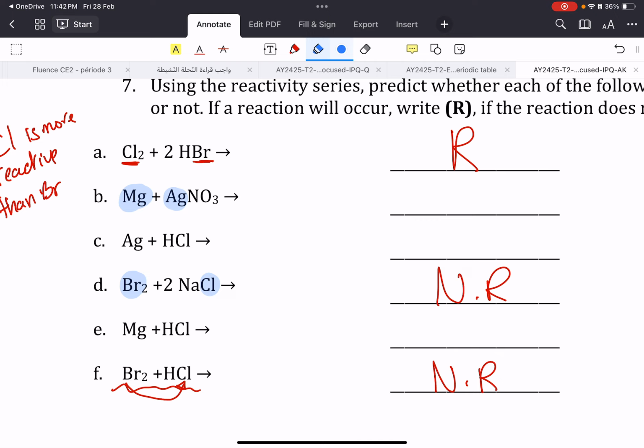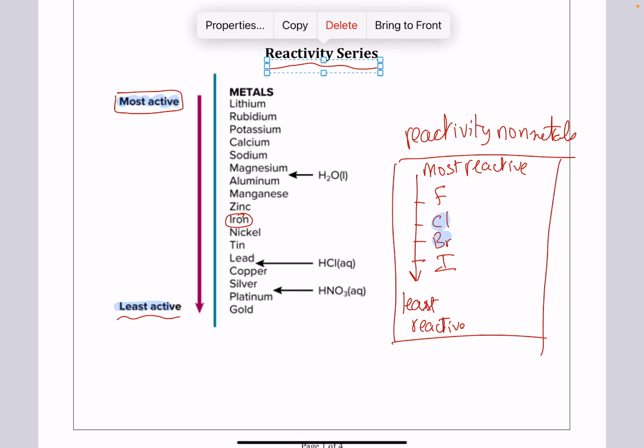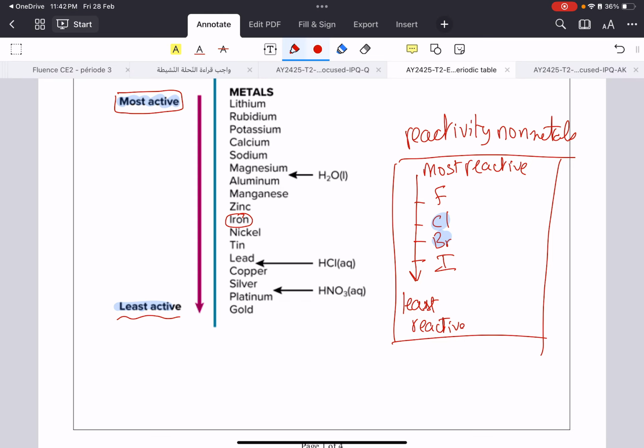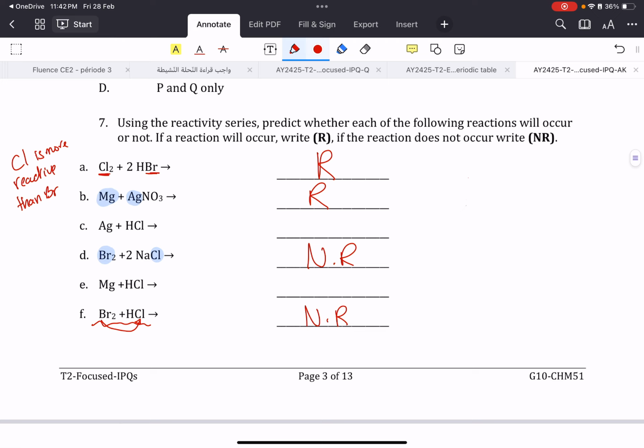So magnesium and silver, let's see over here. Here's the magnesium over here, and here's the magnesium, and here's the silver. Magnesium is more reactive, so it can replace. So you'll write R, reaction.